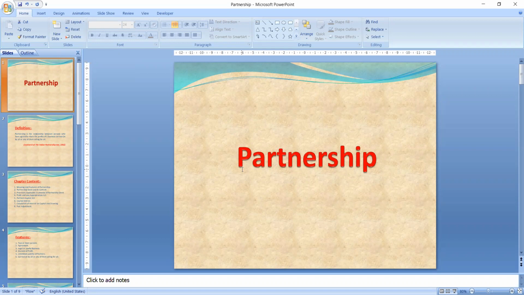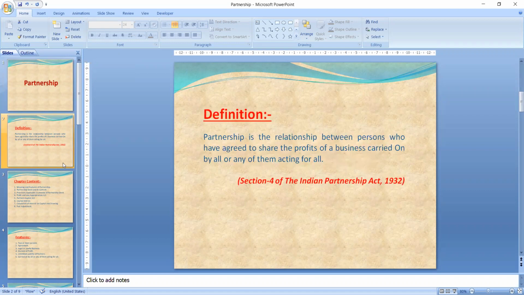First of all, we have to know the definition of partnership, which is given in Section 4 of the Indian Partnership Act 1932.